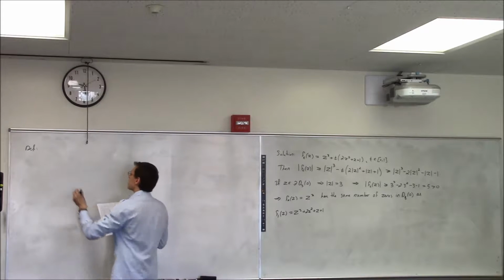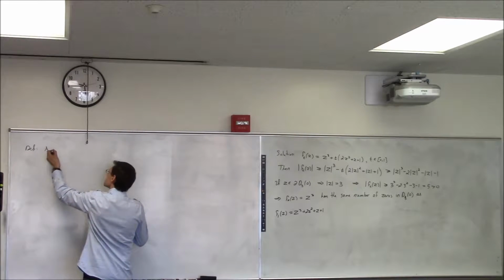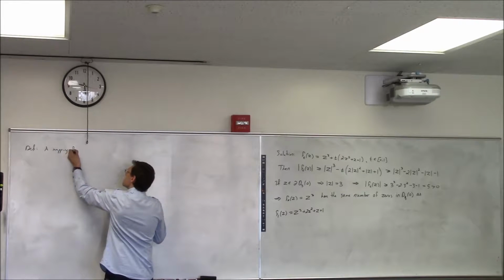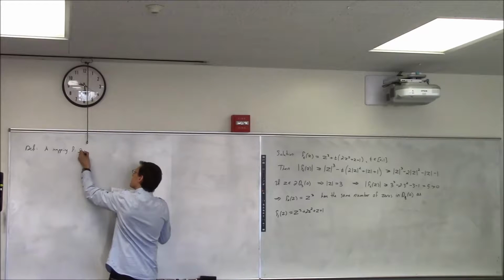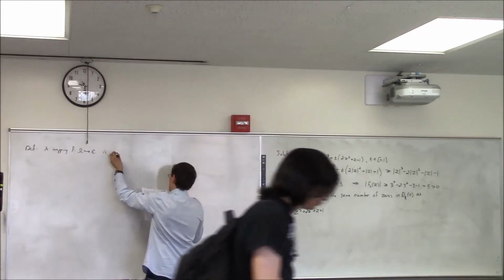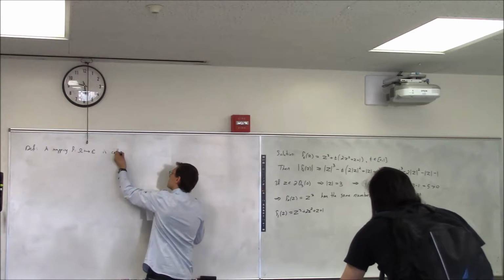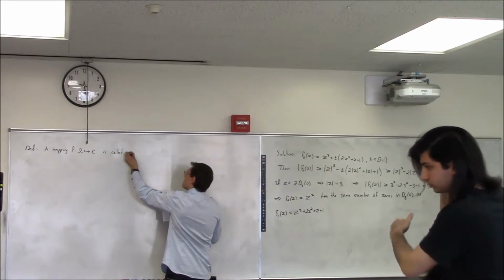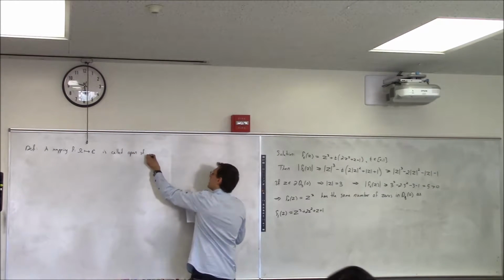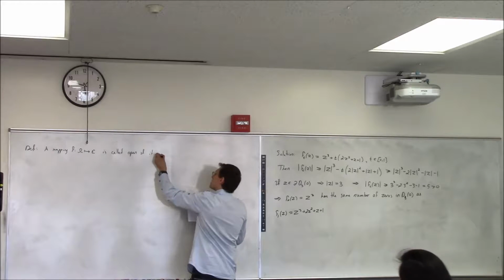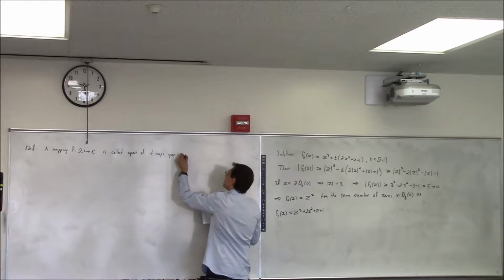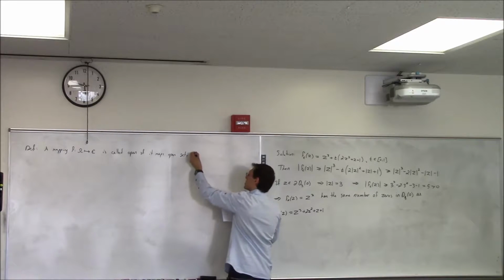A mapping f from omega to C is called open if it maps open sets to open sets.